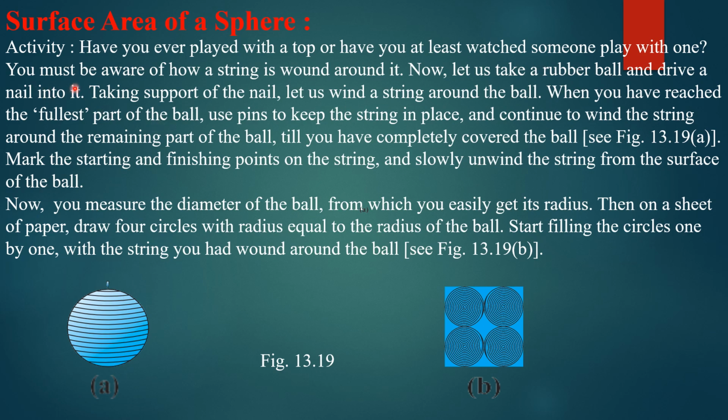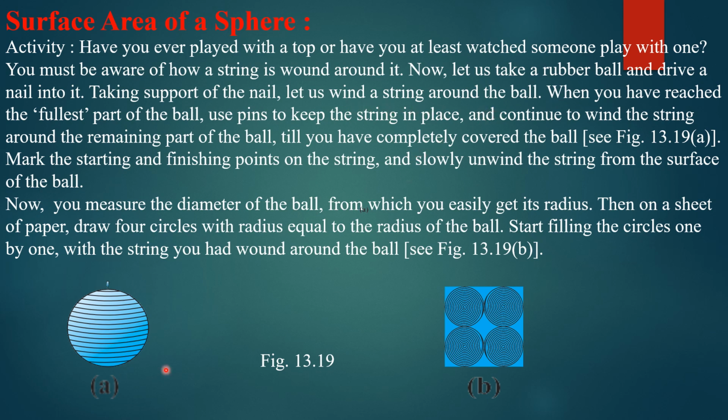Yes, you must be aware of how a string is wound around it. Now, let us take a rubber ball and drive a nail into it. See here, a rubber ball is taken. Here a nail is kept into it. Taking support of the nail, let us wind a string around the ball.